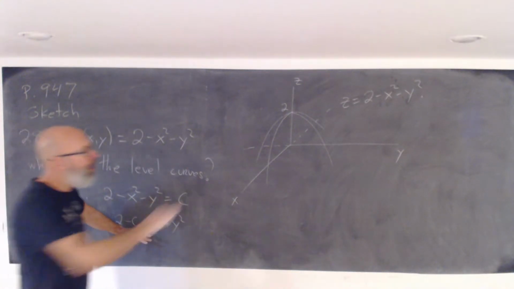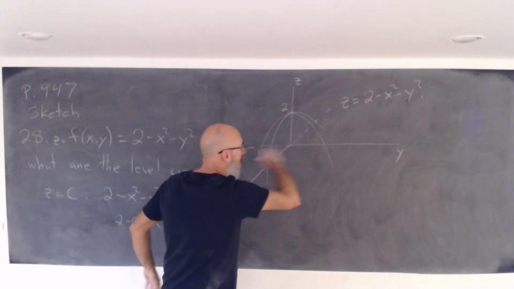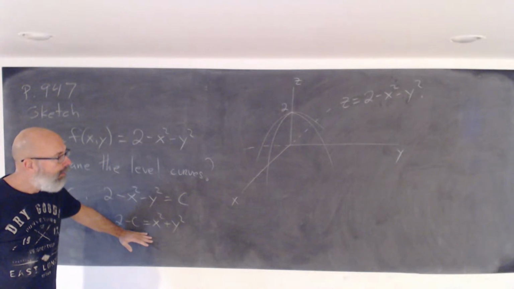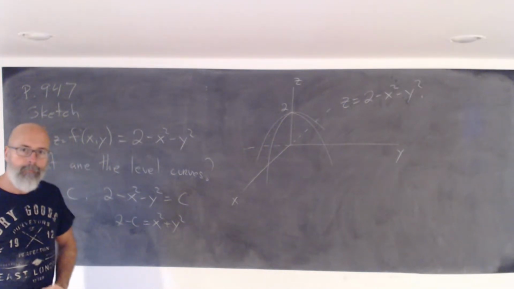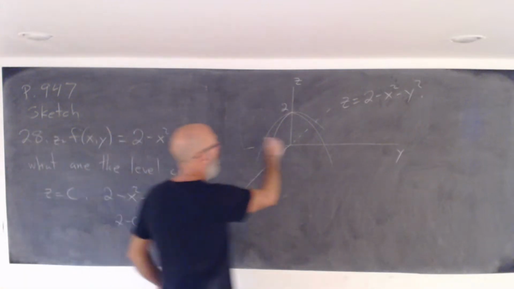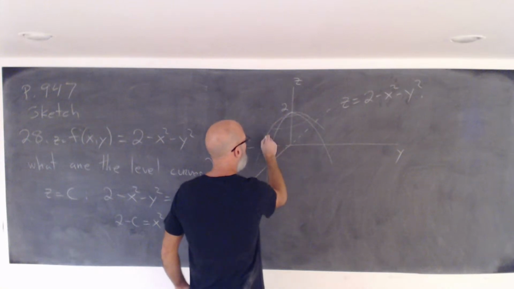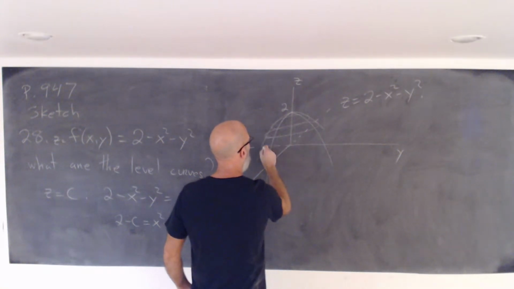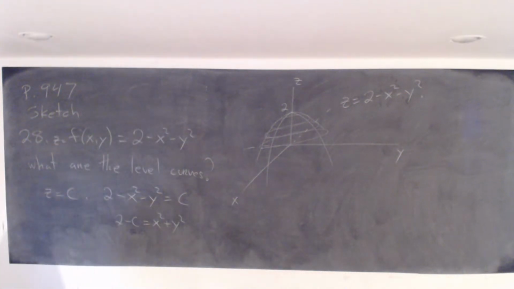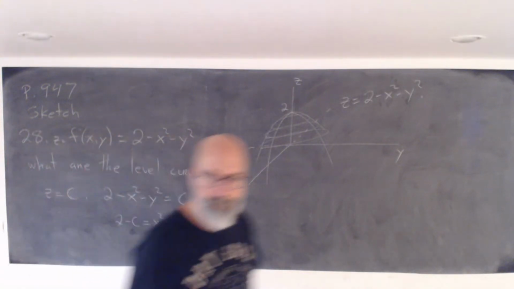Well, at every height 2 minus c, if you're cutting, you end up with a circle of radius root 2 minus c. You are putting everything together using circles. So you have this sort of dome shape coming down.